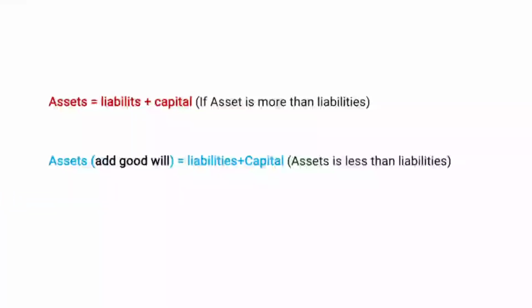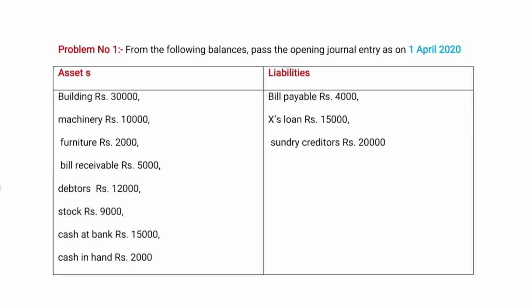Now we are going to prepare opening entries. Coming to the given problem, this data is related to the last financial year, 31st March 2019. We are preparing opening entries for this year using this data.